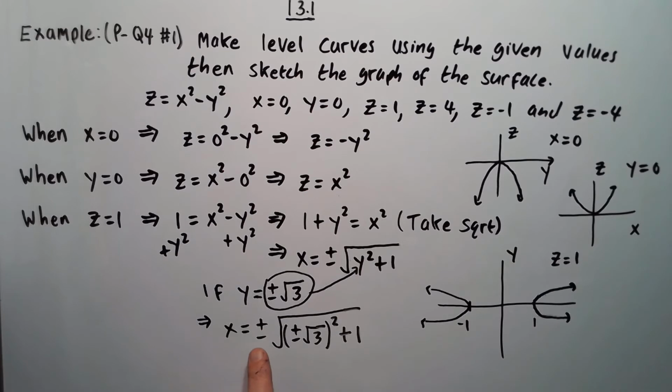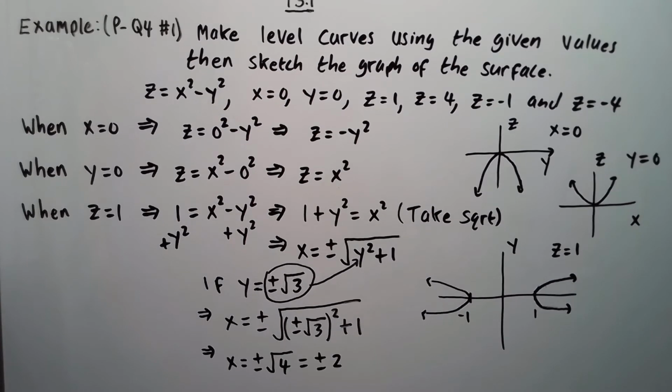So we'll get plus or minus square root of plus or minus square root of 3 squared plus 1. Squaring the plus or minus square root of 3 just becomes 3. And 3 plus 1 is 4. So it'll be plus or minus square root of 4 here, which is plus or minus 2. So we get then x is plus or minus 2. So let me put those points over on our graph here, so you can see.